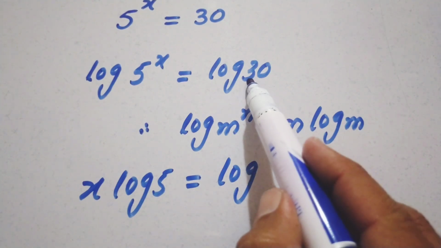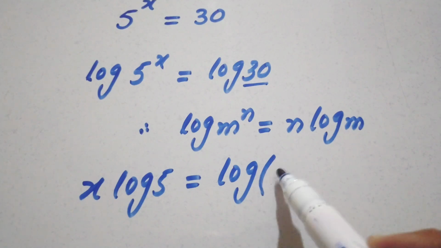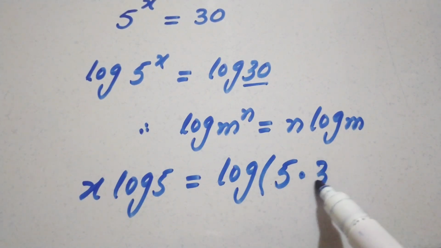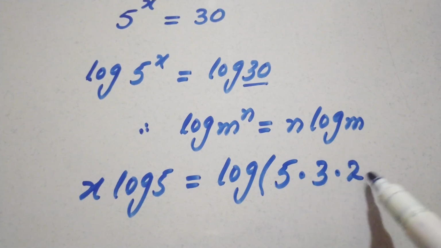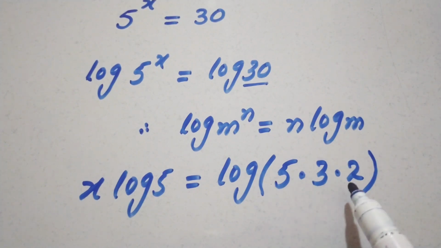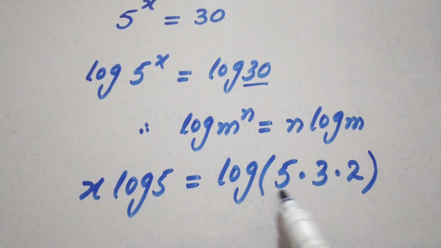We can write this 30 as 5 multiplied by 3, which is 15, and 15 multiplied by 2 we get 30. So in place of 30 we will write the product of 5, 3 and 2.